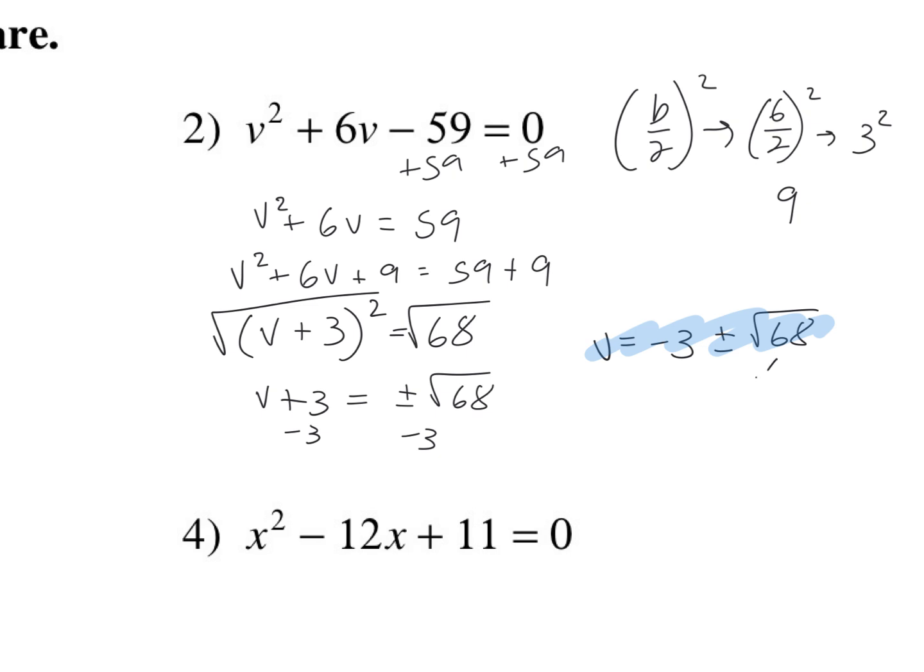Now, I think 68 factors into 2 and 34, 2 and 17. So if it factors, your actual answer is v is equal to negative 3 plus or minus 2 root 17.